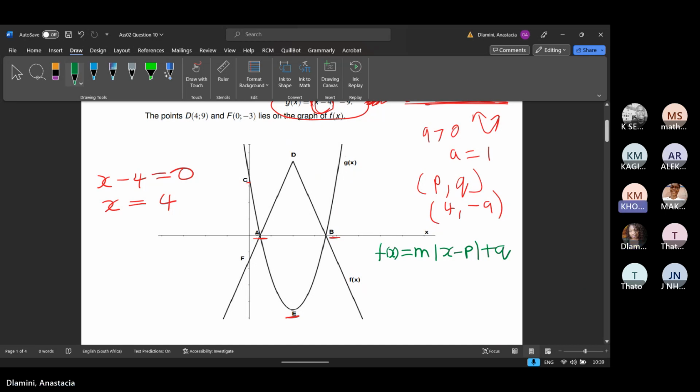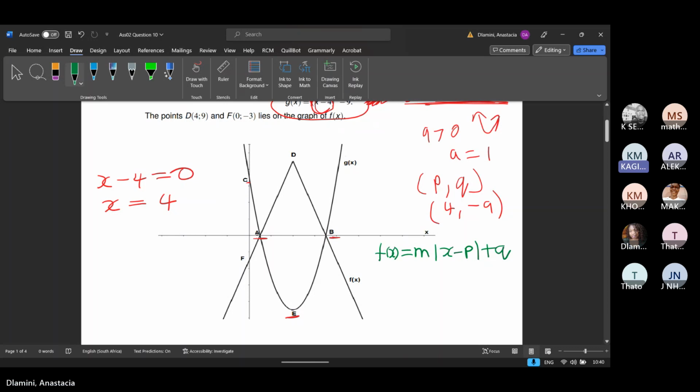A line graph, because there are no exponents in the absolute value, it's a straight line graph. Okay, but then we do not have a line graph here. Anyone who attended or looked at the video, what does this represent? Which graph?